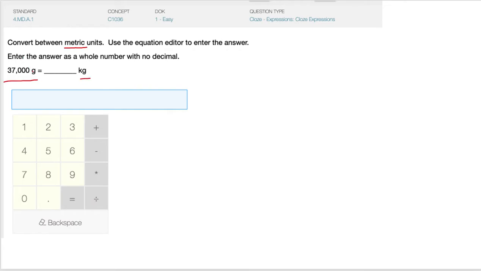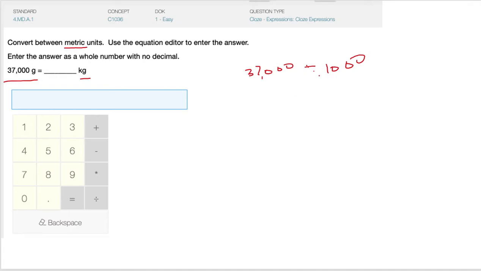Now grams are smaller than kilograms, so we're starting small, going to a larger unit, so we're going to divide 37,000 divided by something. So grams to kilograms, you should either know or look at your reference sheet to see that there's 1,000 grams in a kilogram. So we're dividing by 1,000.